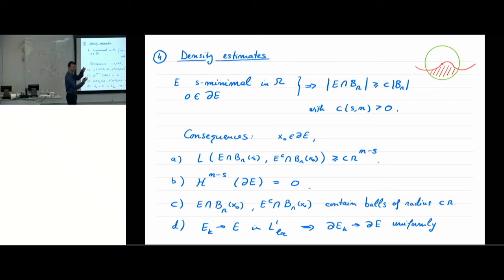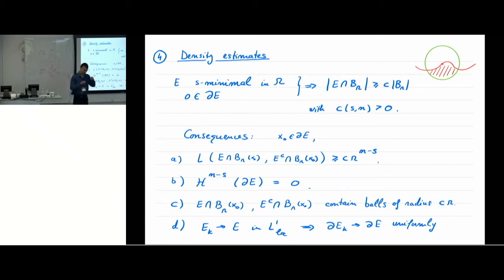Because I have some measure in E and some measure in the complement of E inside this ball, if I just pay attention to that energy, I get this lower bound. You also get an upper bound just from the minimality, which we already did, of the same order. So we know that the local contributions of E and the complement in the ball of radius r are of this order, r to the n minus s.